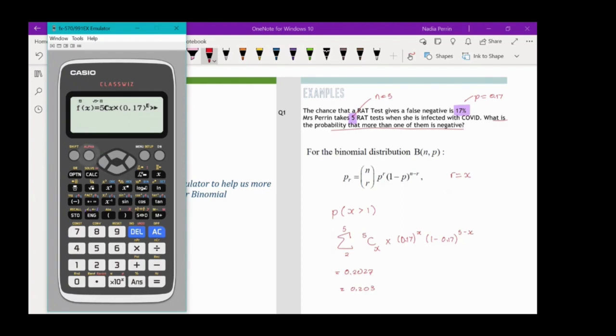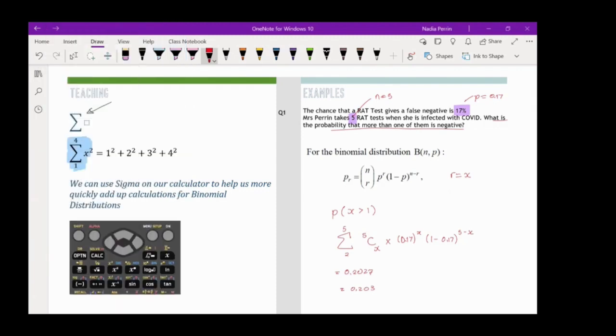You always know you've got the wrong answer when you get an answer over 1. And then it says, where would you like me to start and where would you like me to finish? For this one, I'd like to start at 2 and go up to 5, but you could go from 0 to 5. And then it will actually give you the probabilities of each individual situation. So you can also get your information from there. Although that looks like a different answer from what I had, so I think maybe I've typed in something wrong.